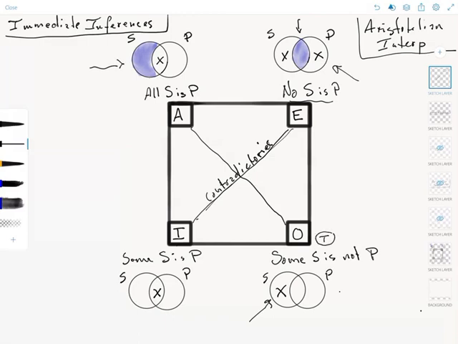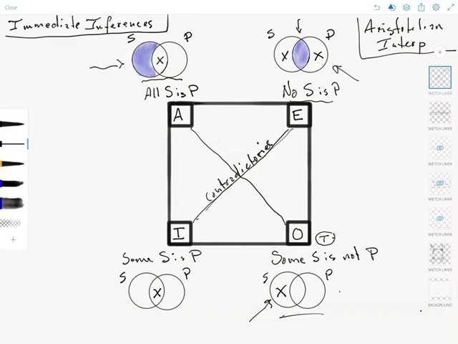If O is true, then this diagram represents the relationship between S and P, and it says that there is at least one thing in the S circle that's outside of P. If this diagram represents a true assertion, then look at the diagram for the A. The diagram there says that it wants to have shading in the region where the O proposition asserts that there's at least one X. So obviously, if we take this O as true, the corresponding A has to be false, because you can't have shading there.